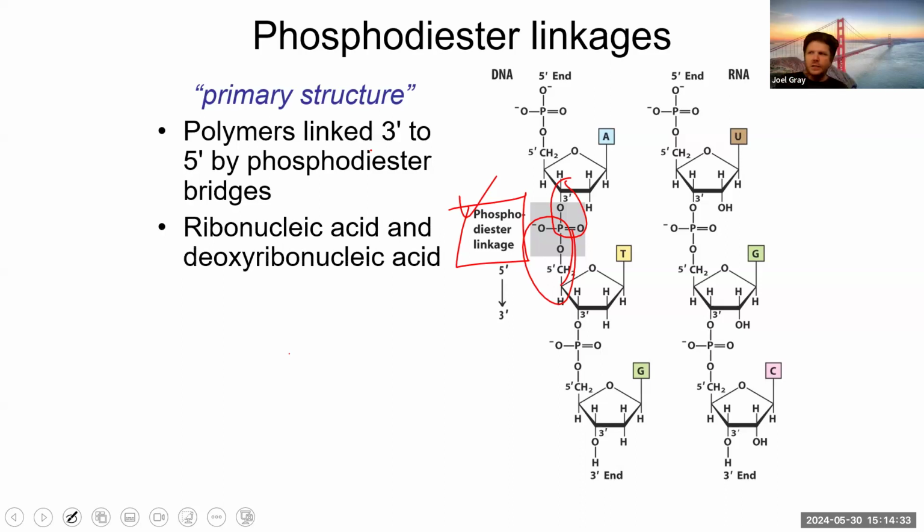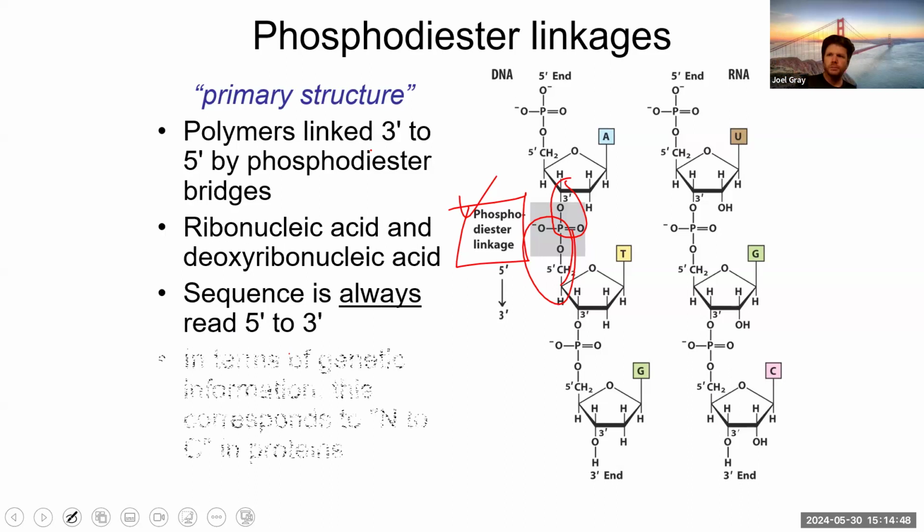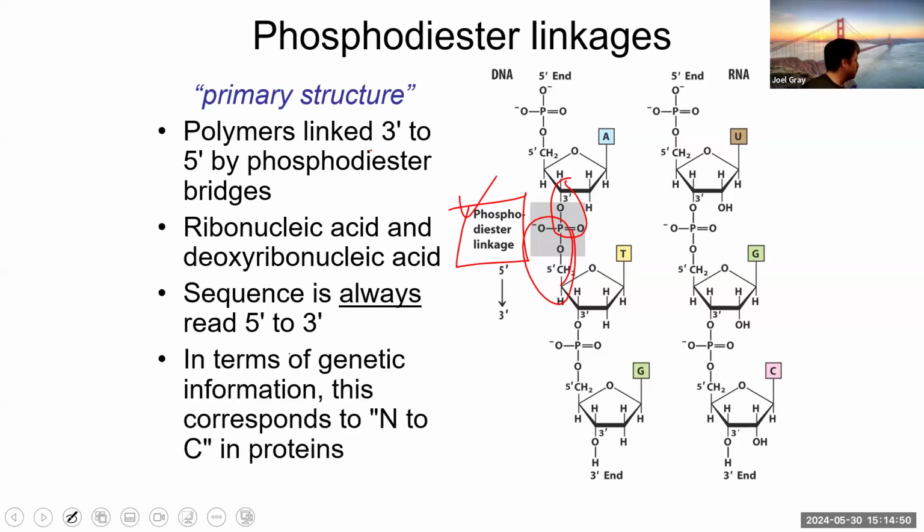Ribonucleic acid and deoxyribonucleic acid. What are we differentiating between those two? The 2' OH group. The sequence of a DNA and RNA molecule is always going to be read in a 5' to 3' direction. In terms of genetic information, this is going to translate to a protein, and this is going to correspond in N to C directionality of a protein.